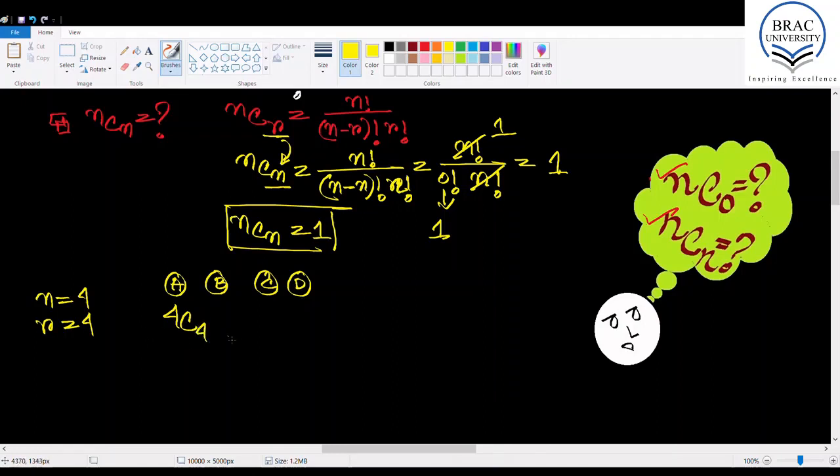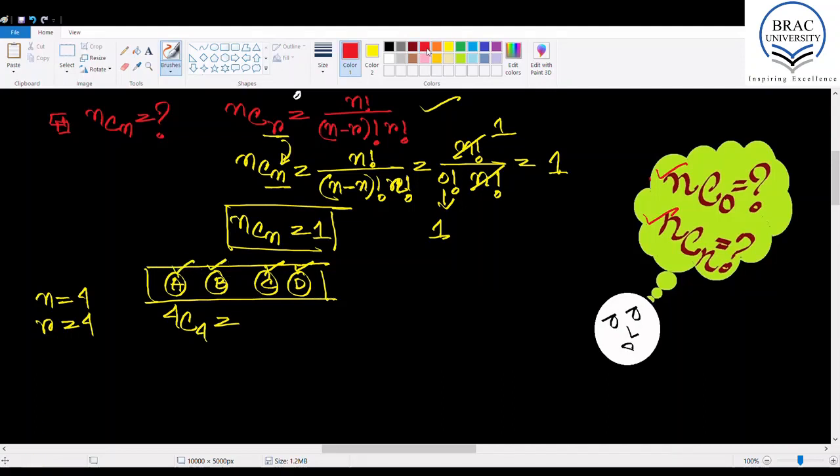Now just forget about these algebraic calculations. Apply your common sense. If we have to pick all of the 4 balls, in how many ways can it be done? You'll have to pick all of them, right?